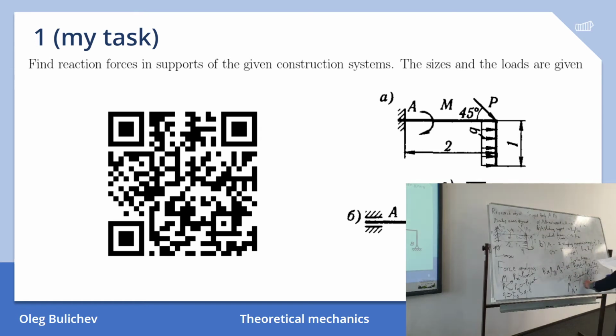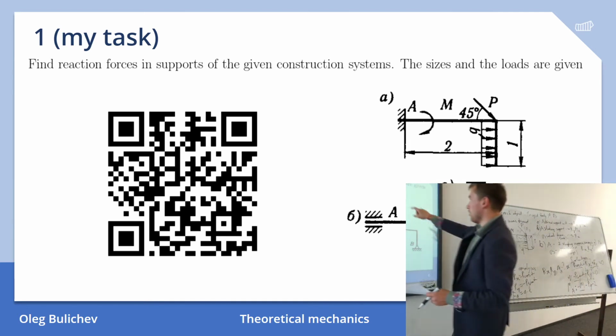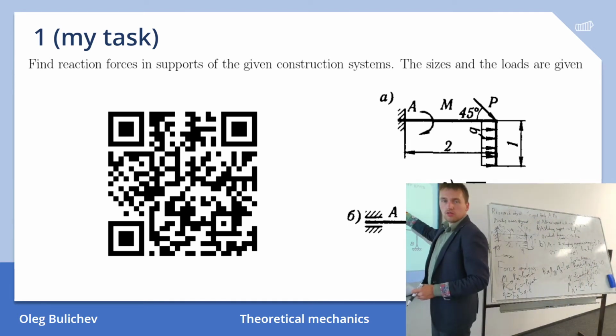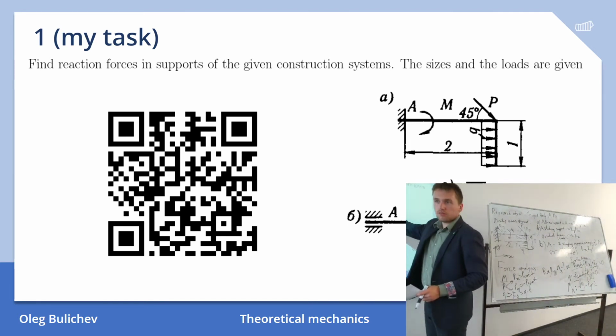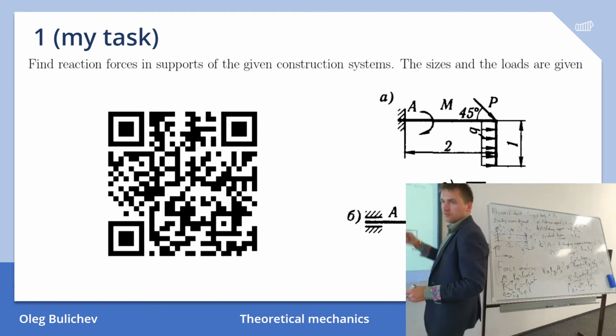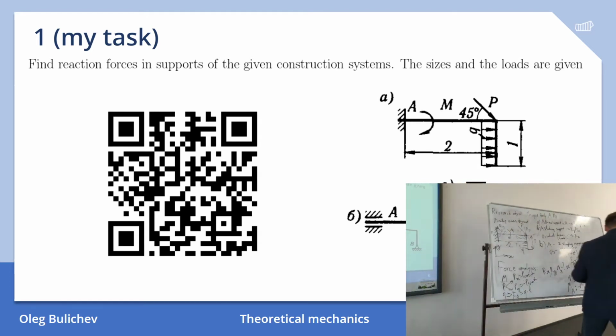So minus M, we know it, minus Py multiplied by 2 y, Py to there, perpendicular to A, plus 5 Fq y.